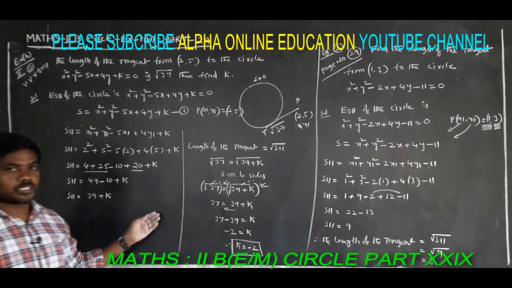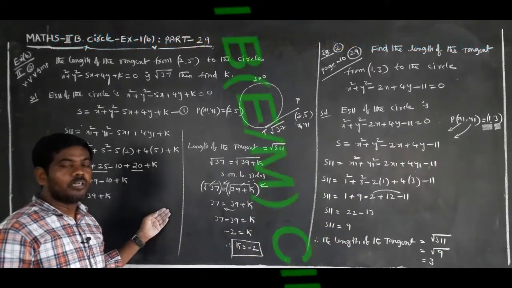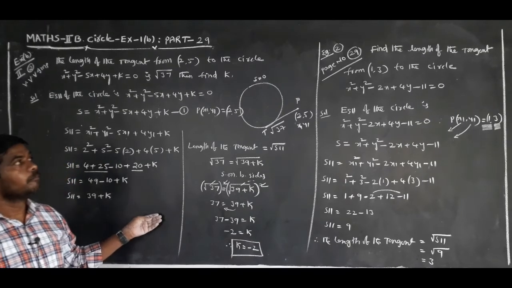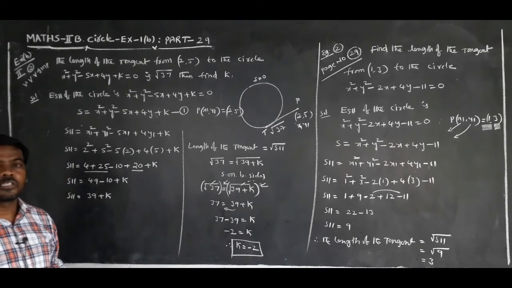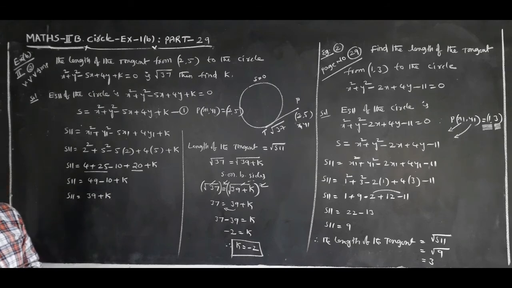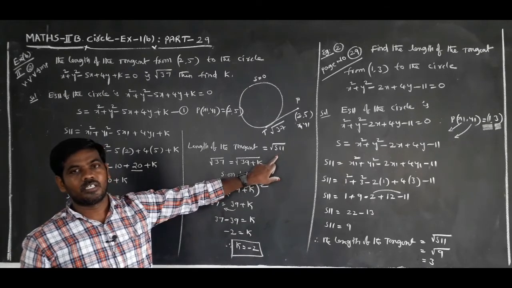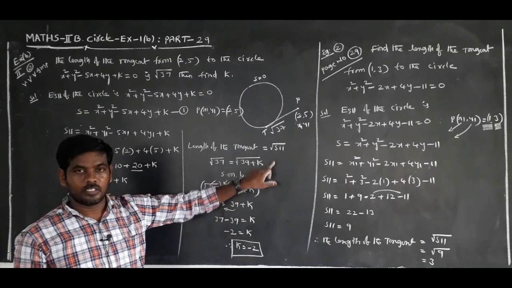This is the process for finding the length of the tangent. The length of the tangent from the point P(x1, y1) to the circle S equal to 0 is root S11. Thank you.